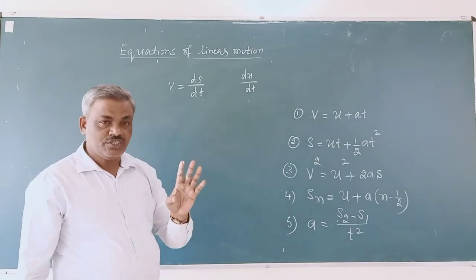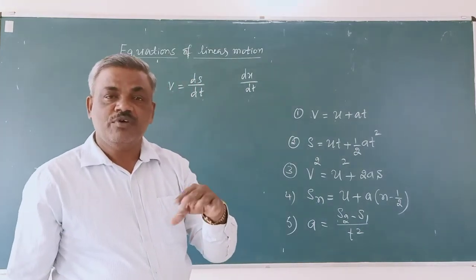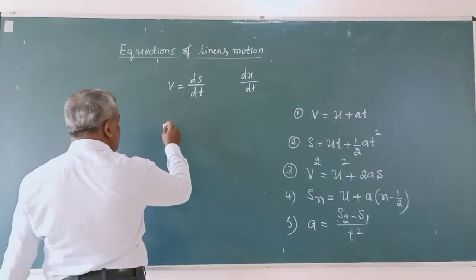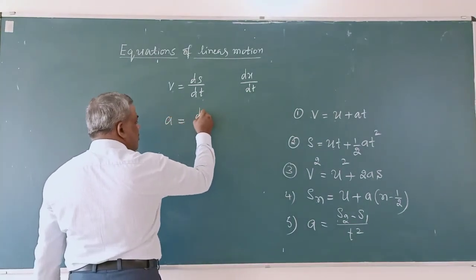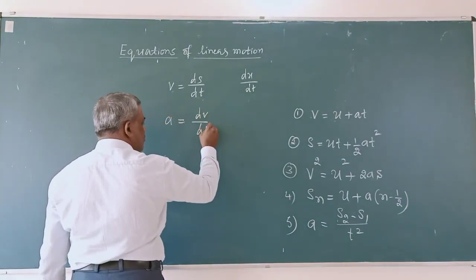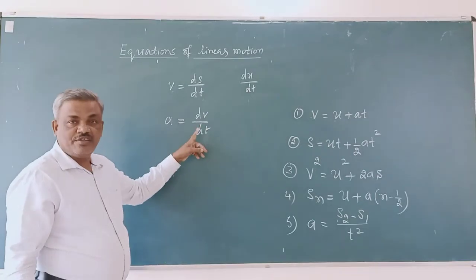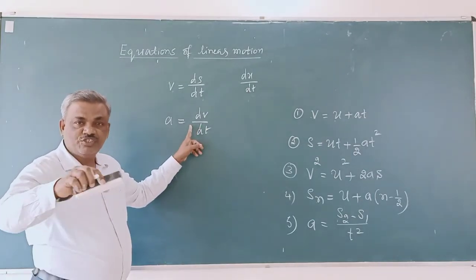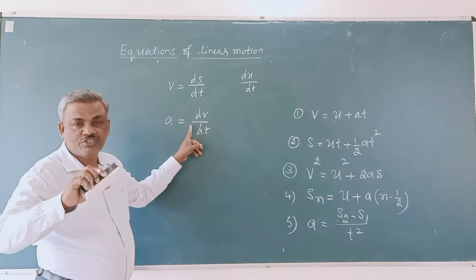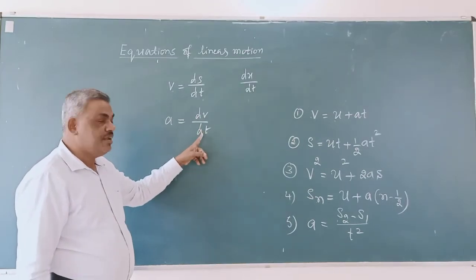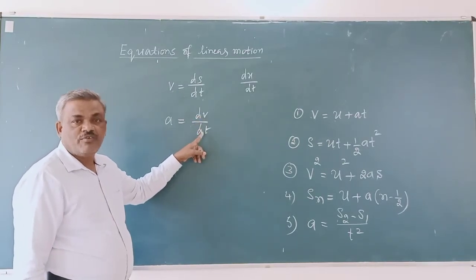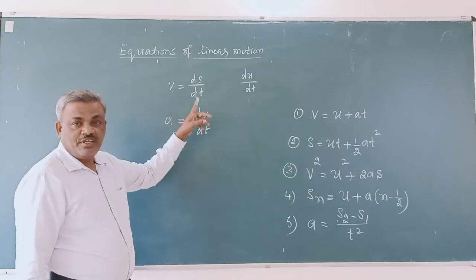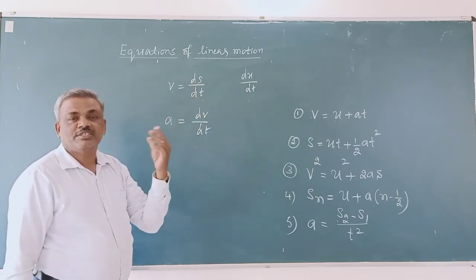Acceleration: the rate of change of velocity is called acceleration. So a equals dv by dt. Here dv by dt is a differential calculus formula: the rate of change of velocity, while ds by dt is the rate of change of displacement.